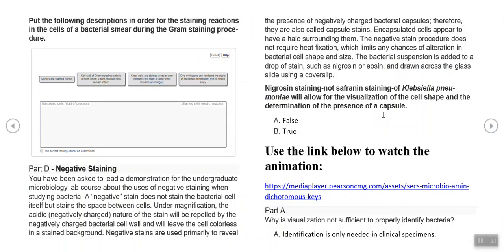And we remember that the background was black, that all stained black, but what we could see looked like little spaces or little rice embedded in this black background. And we determined that those were the Klebsiella, and it was the capsule that we were able to actually visualize underneath the microscope. So for this question, it is absolutely B, true.